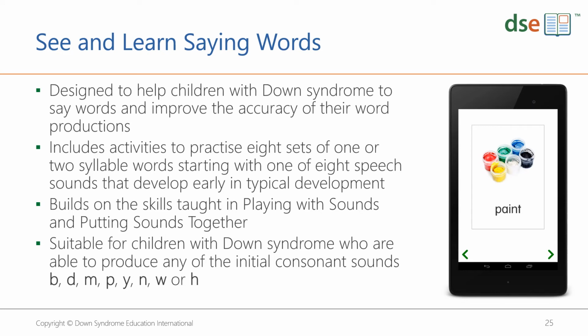The third step in See and Learn speech is saying words, and this is aiming to help children improve production of words they're already now wanting to say and starting to use. So we have 8 sets of 1 or 2 syllable words, and I think there's 8 examples for each, so there's 8 b words, 8 d words.